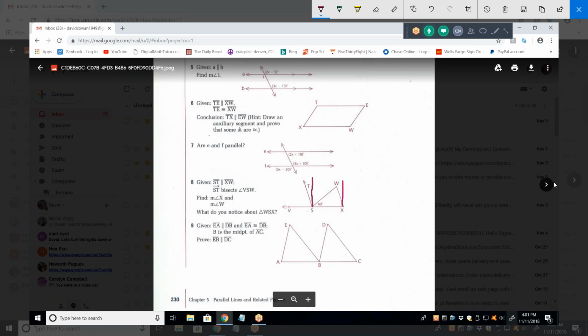And if I change WX, then it changes angle W and changes angle X. So there's no way I could be allowed to change the rotation of TS. And I didn't need to anyway, because it said it bisects that angle, not that line.